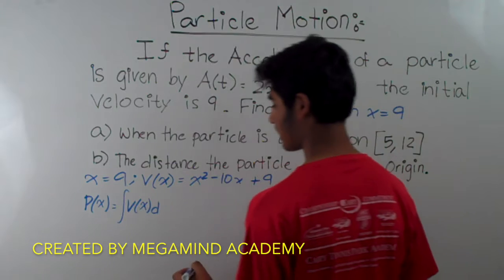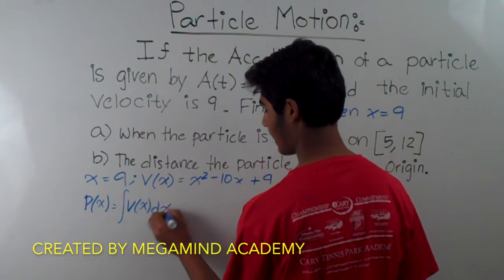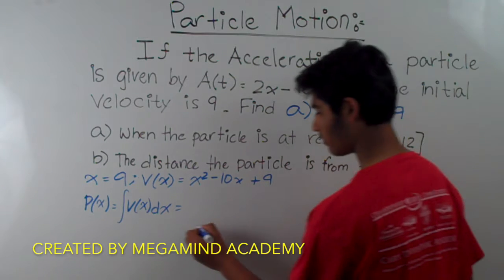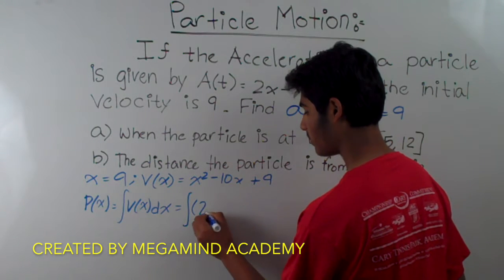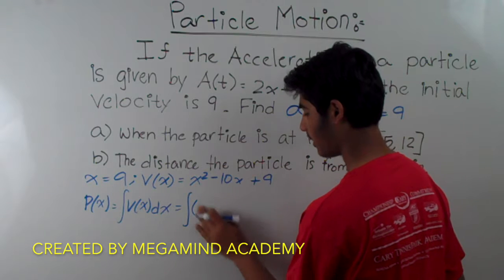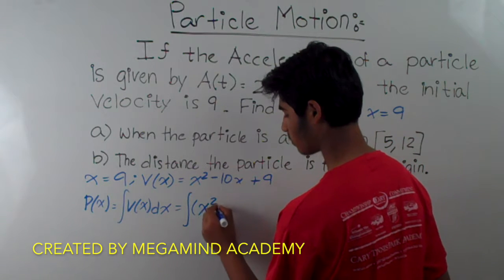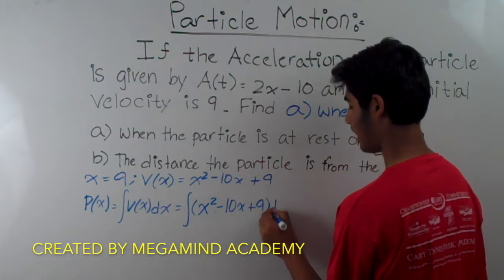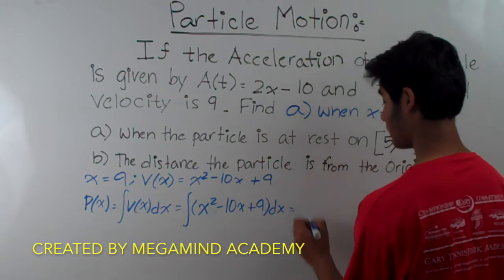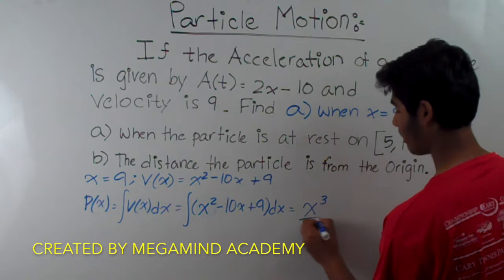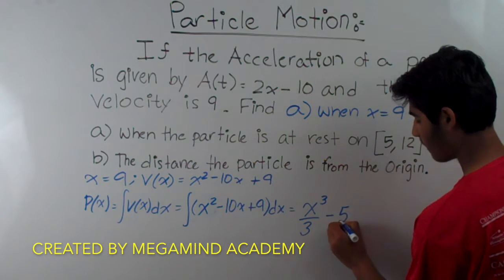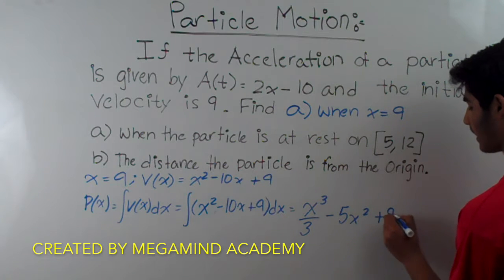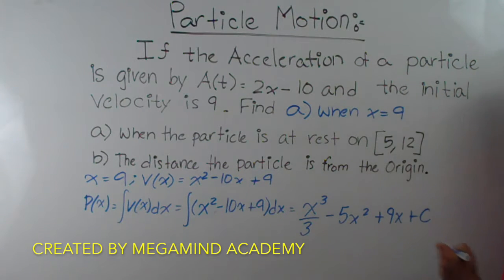So we have p of x is equal to the integral of v of x dx, which is equal to the integral of x squared minus 10x plus 9 dx, which is equal to x cubed over 3 minus 5x squared plus 9x plus c.